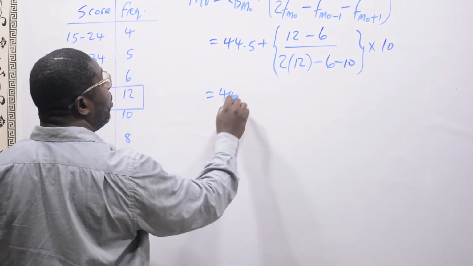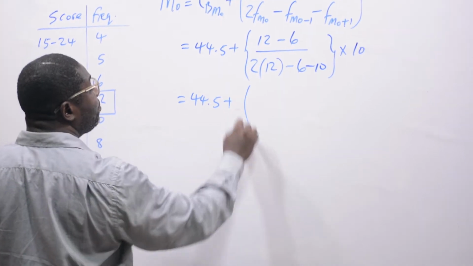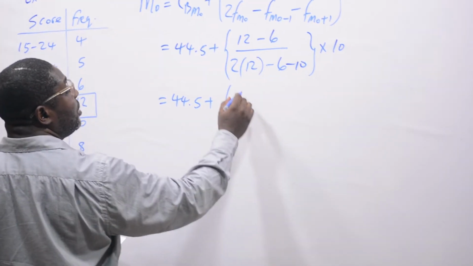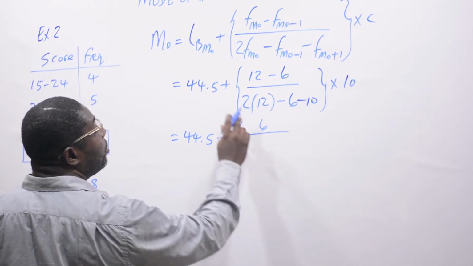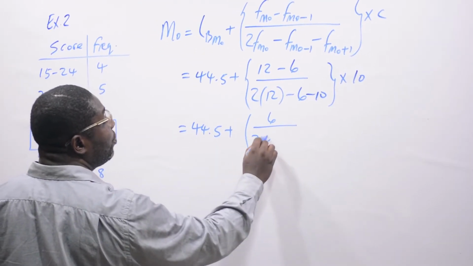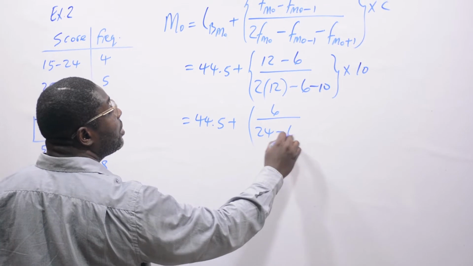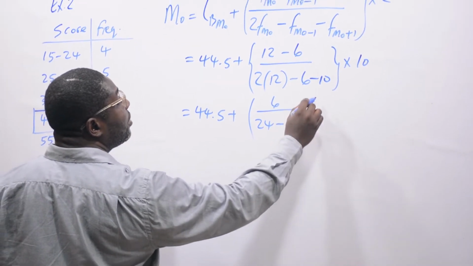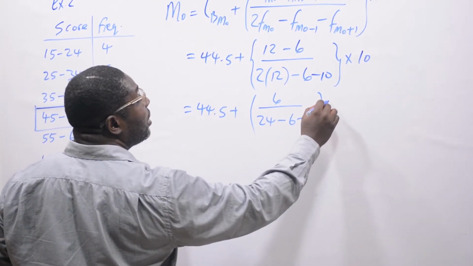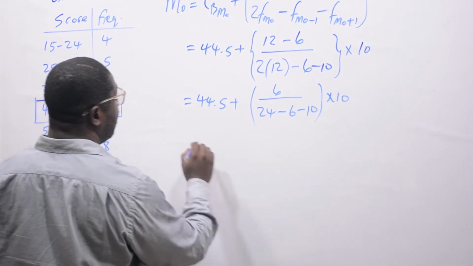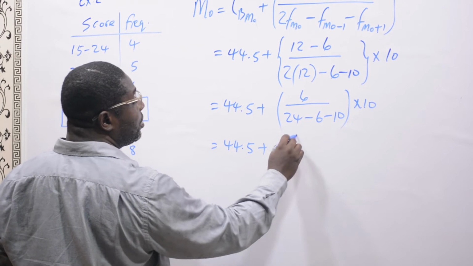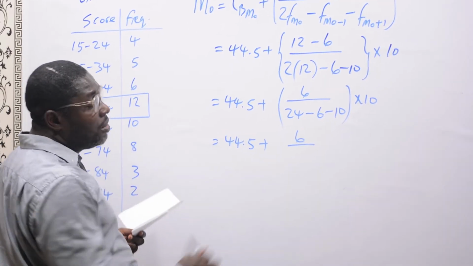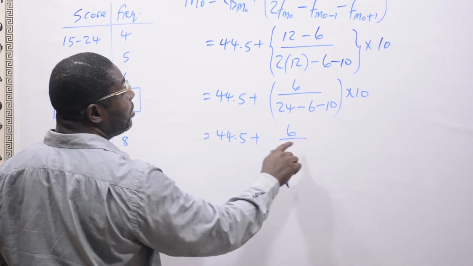We have 44.5 plus 12 minus 6 is 6, divided by 2 times 12 is 24, minus 6 minus 10. Close the brackets and we have times 10. This becomes 44.5 plus 6 over 24 minus 6 minus 10.